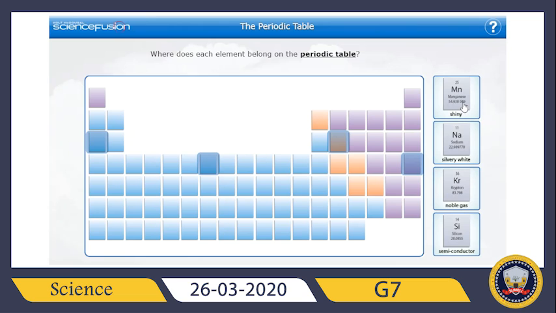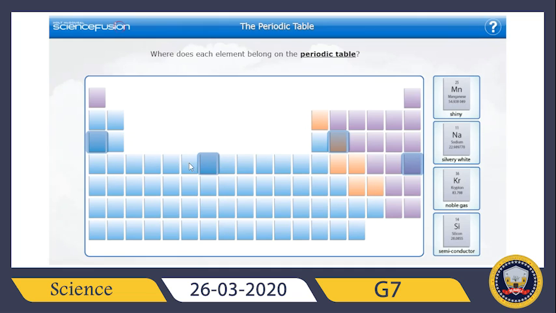For example, manganese is shiny, and sodium is silvery white. Krypton is a noble gas, and silicon is a semiconductor. What we know is that all metals should be shiny, and they should be placed on the left hand side of the zigzag. You can see this zigzag.